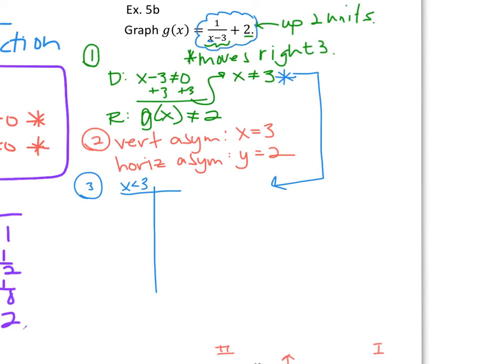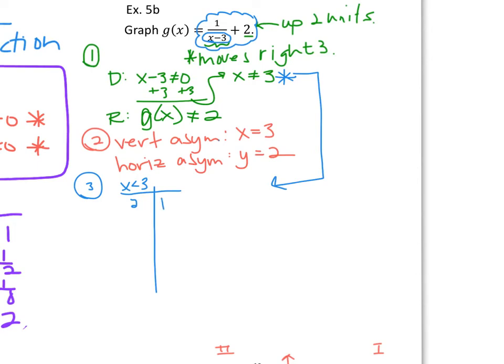It's not that bad. It just looks a little tricky. If we pick a number that's less than 3, let's try 2. If I plug in 2 for x, 2 minus 3 is -1. 1 divided by -1 is still -1. And if we add 2, that puts us at +1. So (2, 1), just like that. Not so bad.